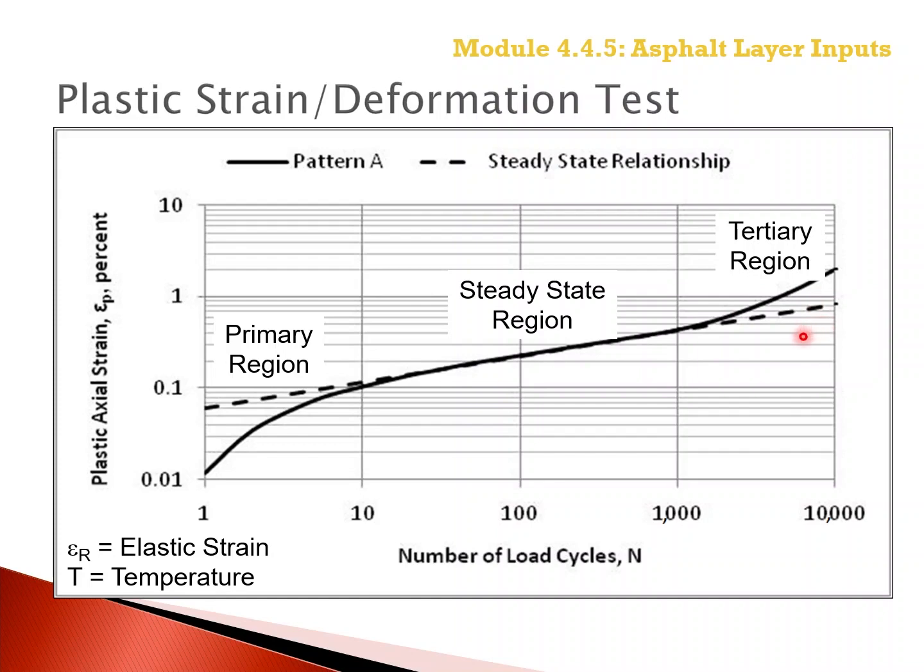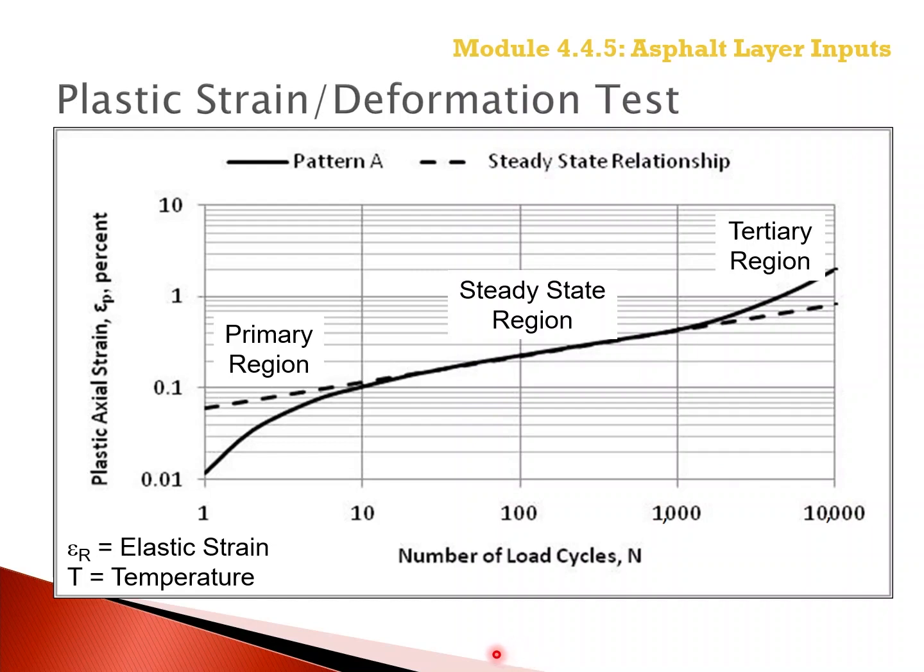The other pattern also does not include the tertiary zone, but includes where the axial plastic strain increases but at a decreasing rate. So the two other categories of plastic deformation are not included on this slide, but are included in NCHRP Report number 719.